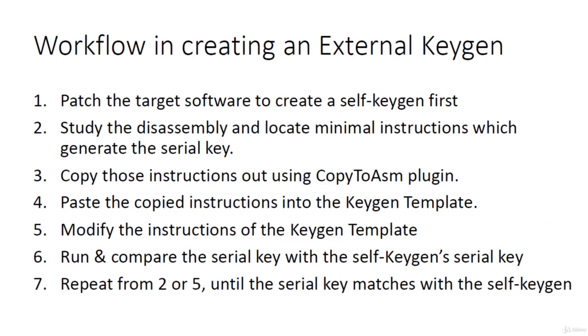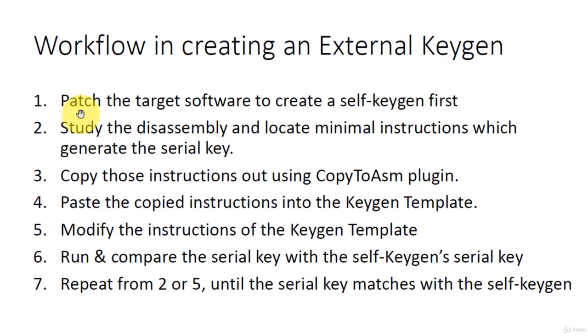There is a workflow that you can use when creating an external keygen. Step 1. Patch the target software to create a self-keygen first. Why do you need to patch the software to create a self-keygen first? Because that is the easier way to create a keygen. And you need to have a self-keygen in order to study the output.